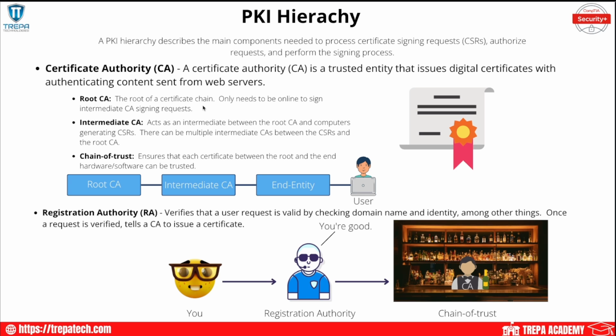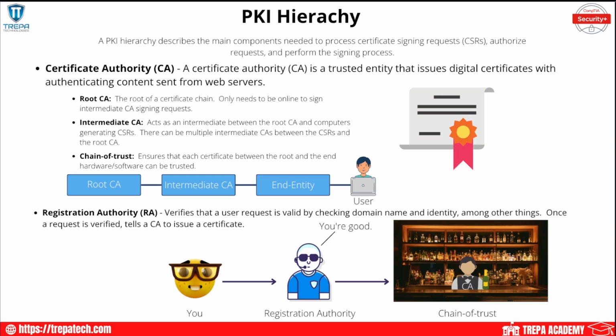And then the chain of trust. This ensures that each certificate between the root and the end user, whether that be a server or client, can be trusted. The RA. So the RA acts as a verifier for the CA, performing identity checks and authenticating users before they receive a certificate.